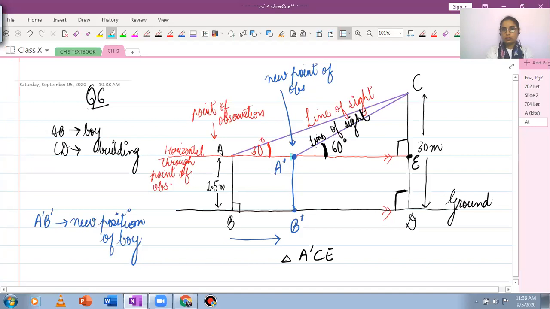If you want, I can just shade that. This triangle, one right triangle is being formed. And then the second one is triangle ACE, in which the acute angle is 60 degrees.